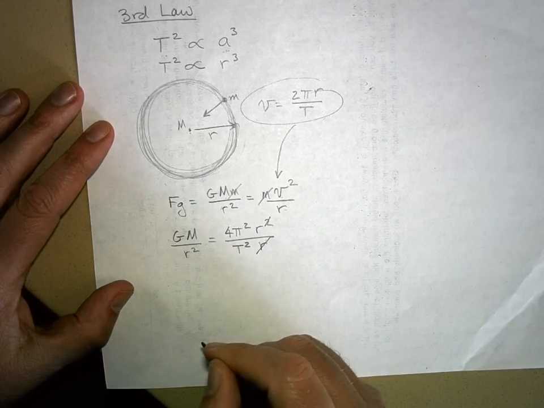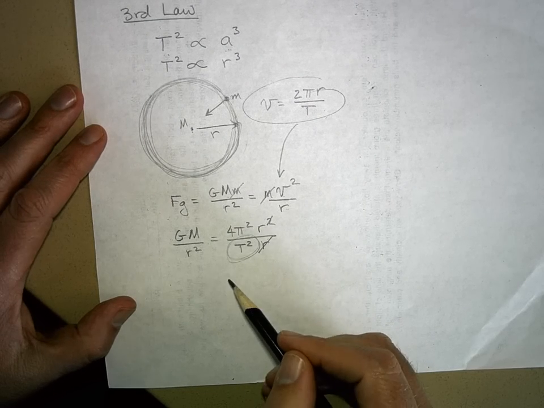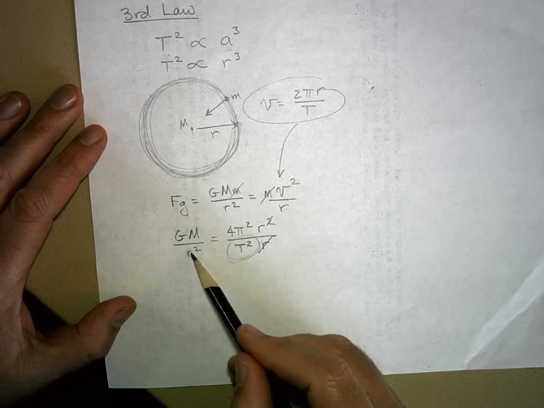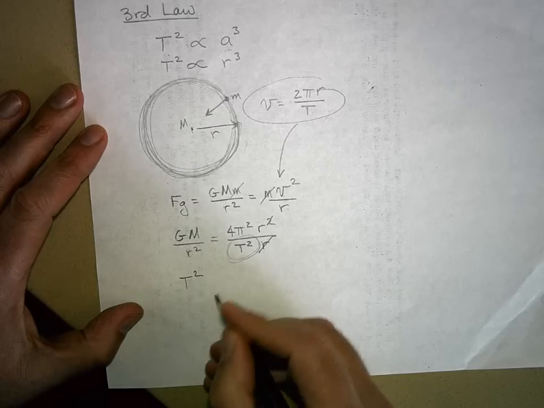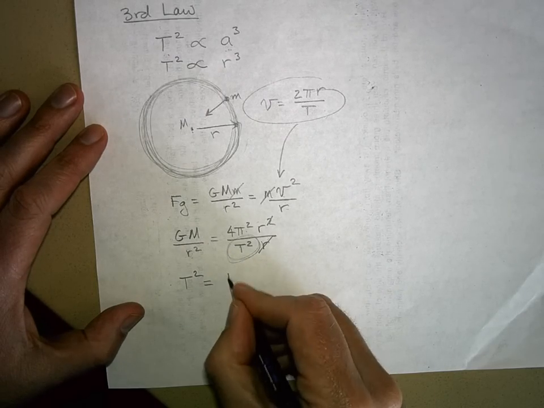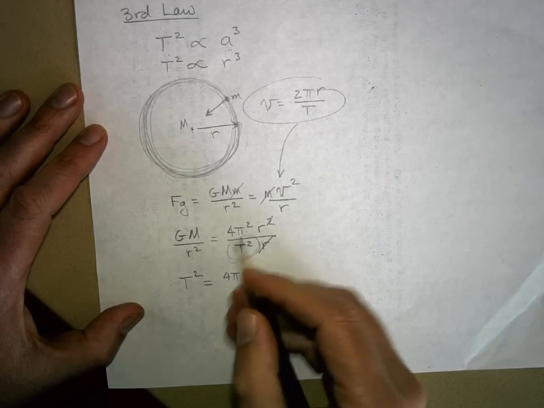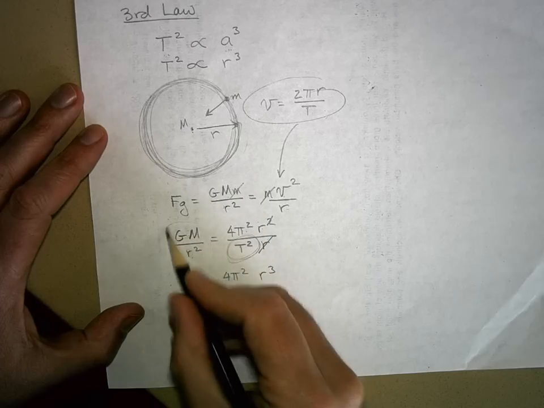And now I'm just going to solve for the period squared. We cross multiply, so the period squared is equal to 4 pi squared, and r squared times r, so that's r cubed, divided by G M.